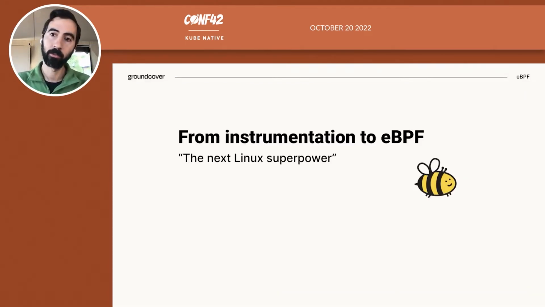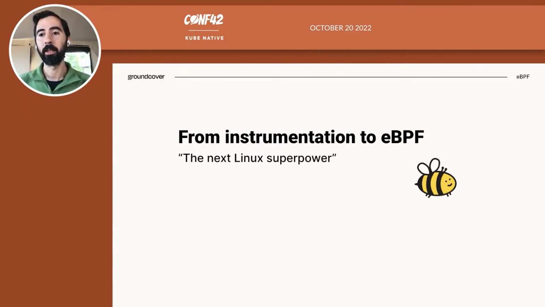And before trying to describe what groundcover does in this specific approach of how to actually monitor with edge observability, I want to talk a bit about eBPF as an enabler to all that. eBPF is a revolutionary technology, becoming more and more prominent in the last couple of years.